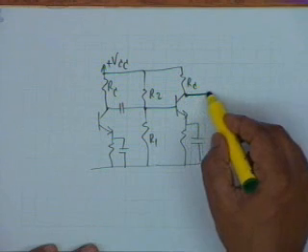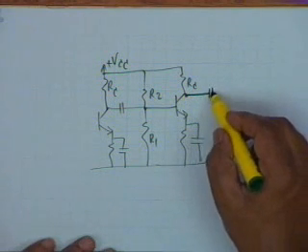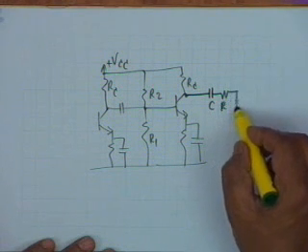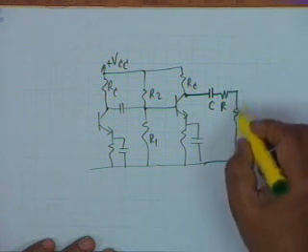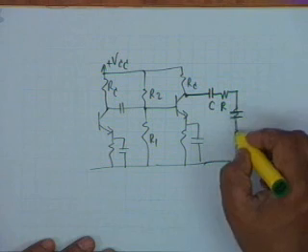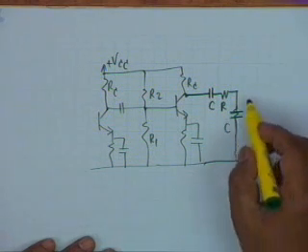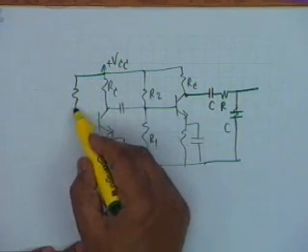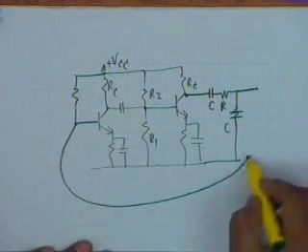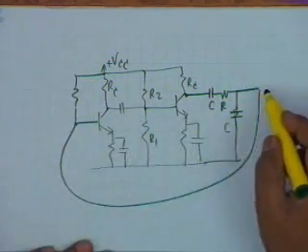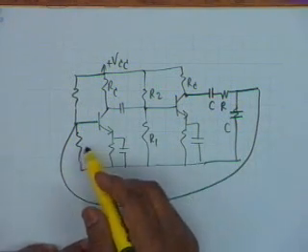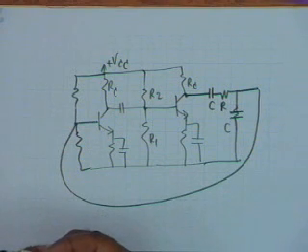Then you require the feedback circuit, a series CR and a parallel CR. Once again this resistance could be the second biasing resistance required here. You might use an extra resistance, or you may not use one.